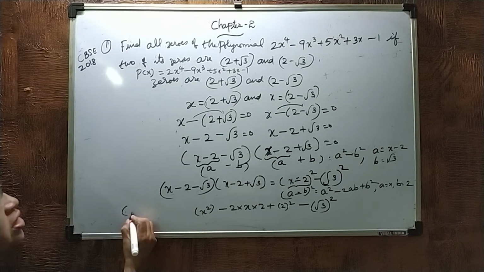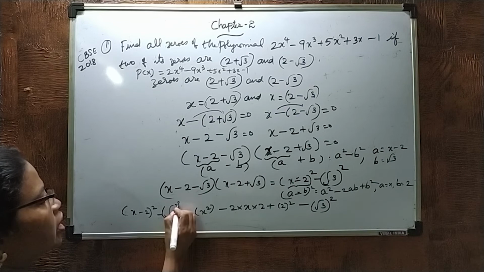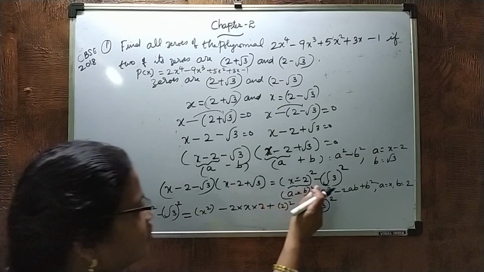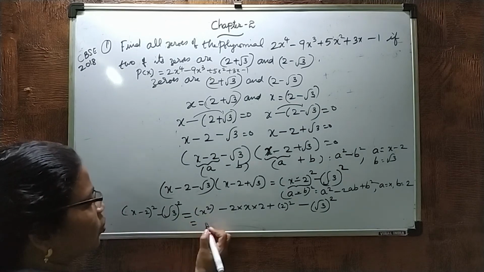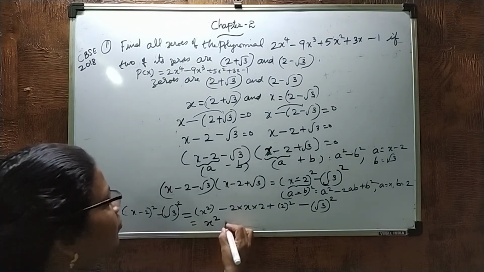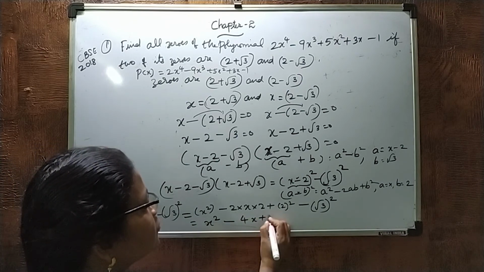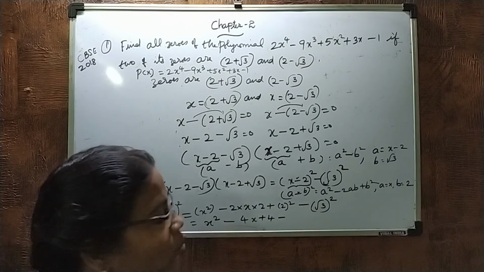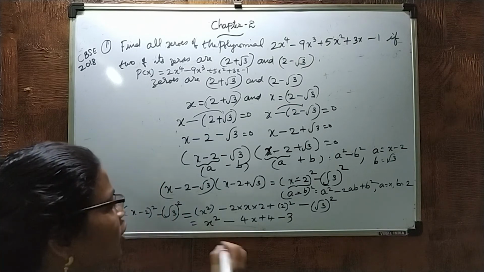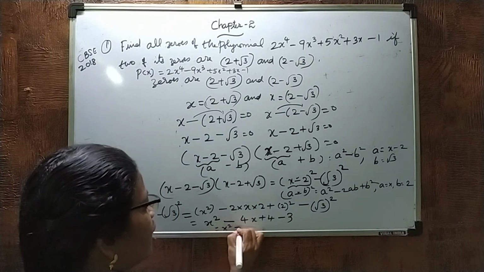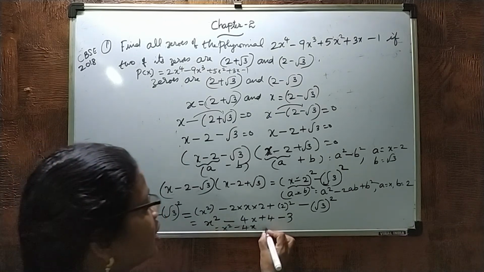So it will be x square minus 4x plus 4 minus root 3 square, which is root 3 into root 3, 3. So again you have to simplify correctly: x square minus 4x plus 4 minus 3, it is plus 1.